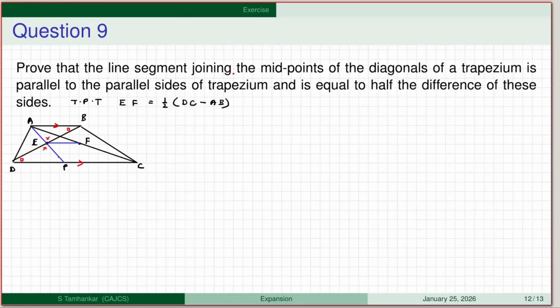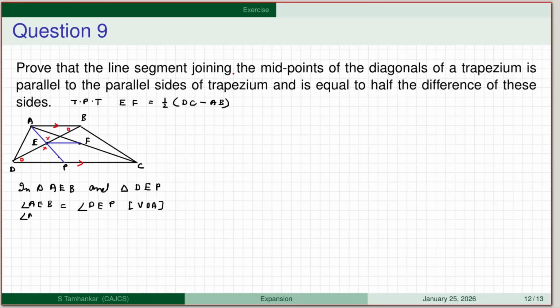Okay, so I'm going to take in triangle AEB and triangle DEP. In this, we have angle AEB equal to angle DEP. So this is vertically opposite angles.